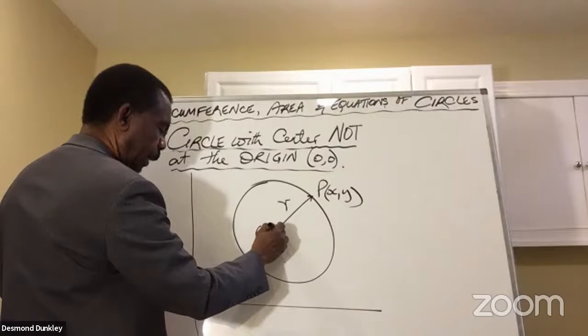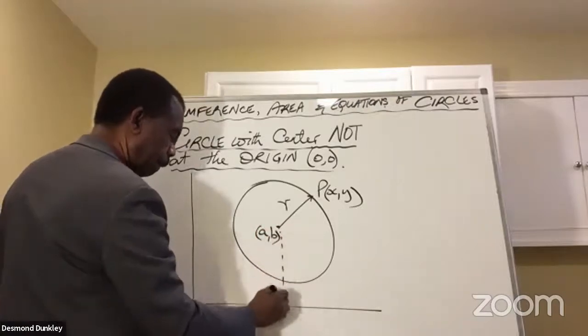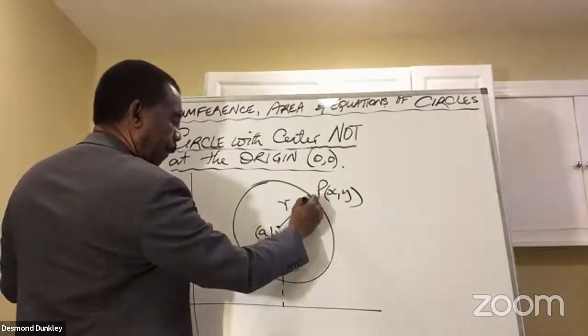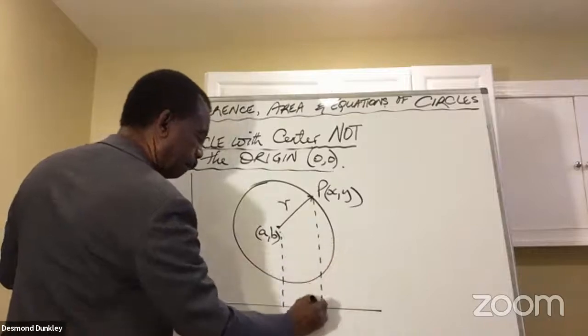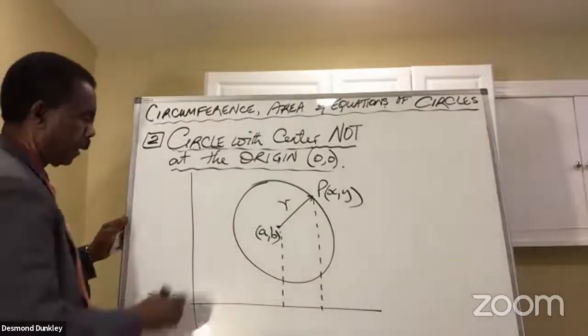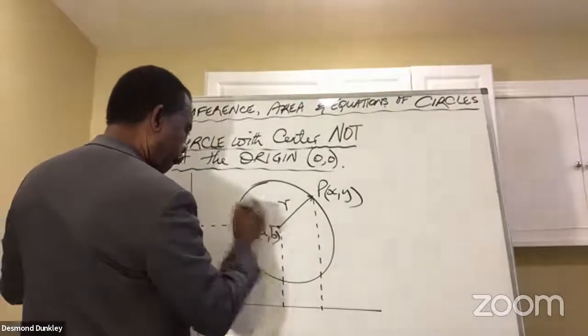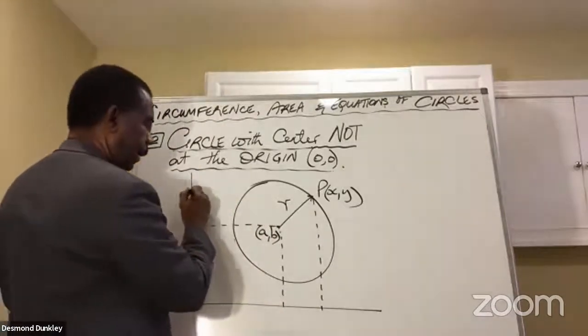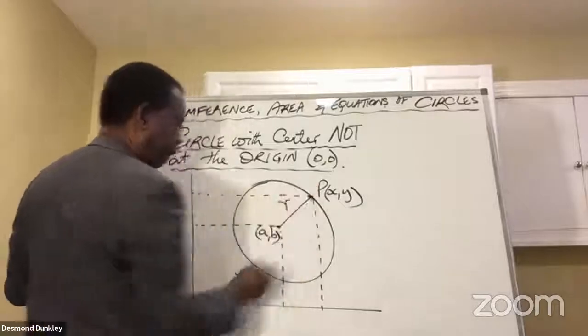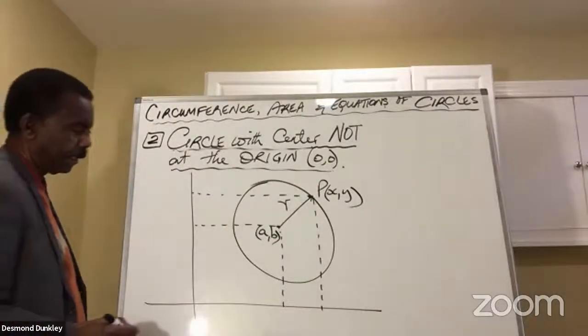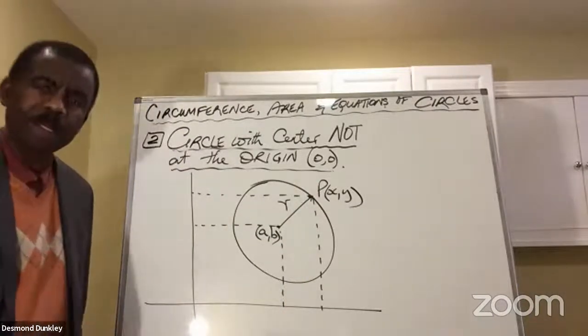Let's drop a perpendicular here. Let's do a horizontal line here. Okay, so let's reason.